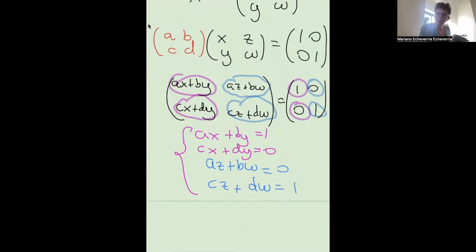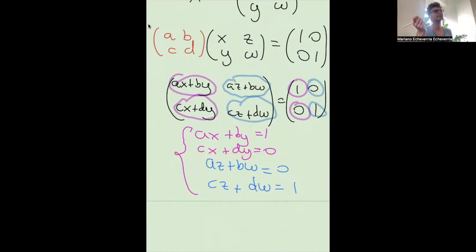What's happening here is that the first 2 equations, right? What are the variables that appear in the first 2 equations? Only x and y. And what are the variables that appear in the third and fourth equations? Only z and w.